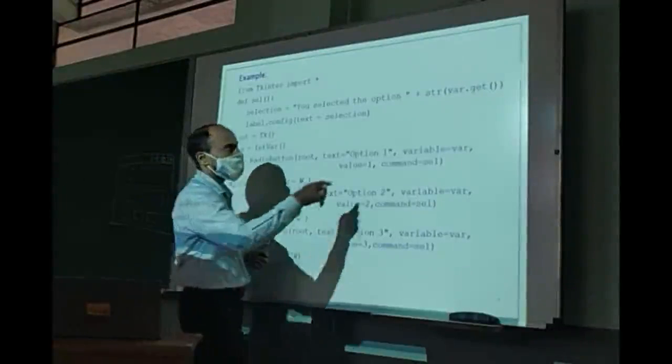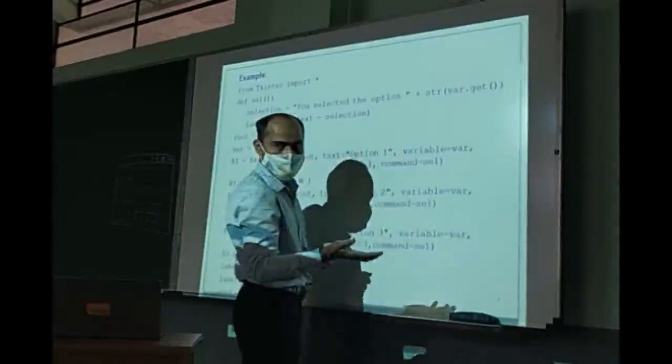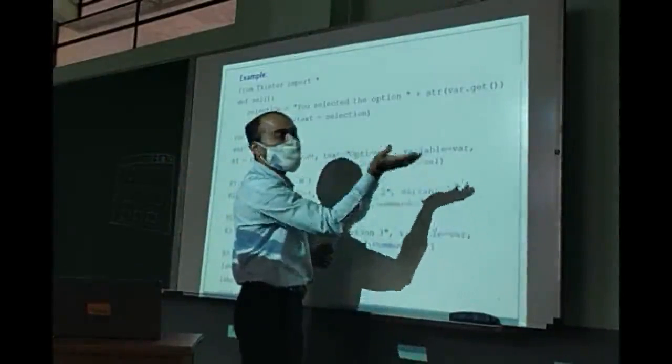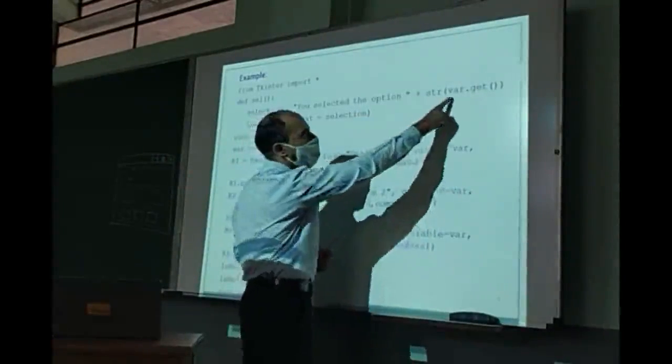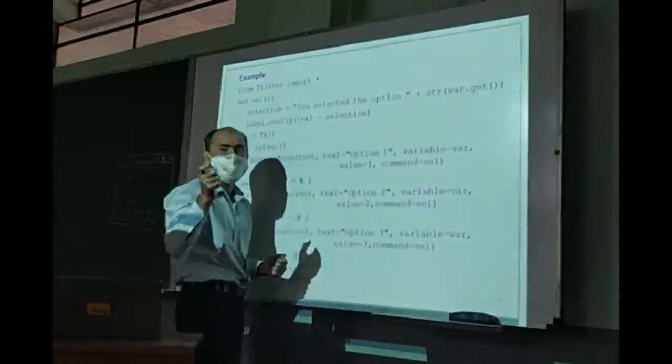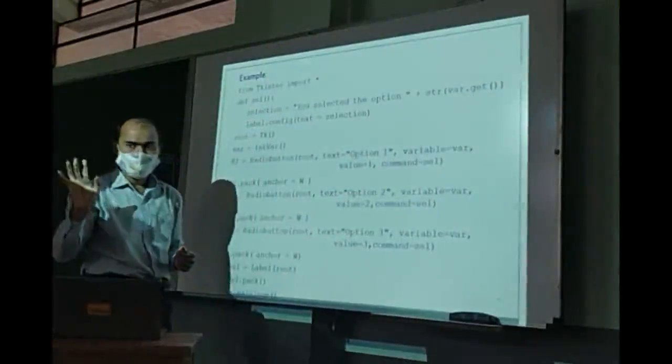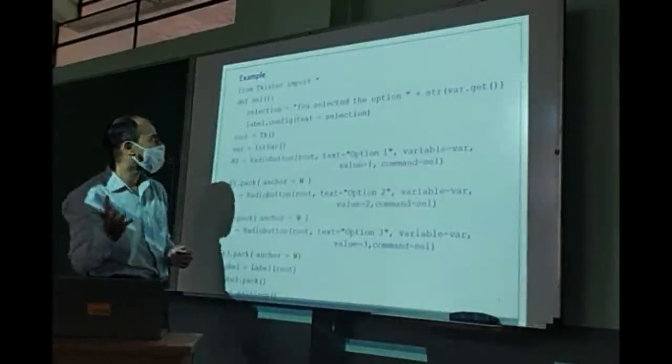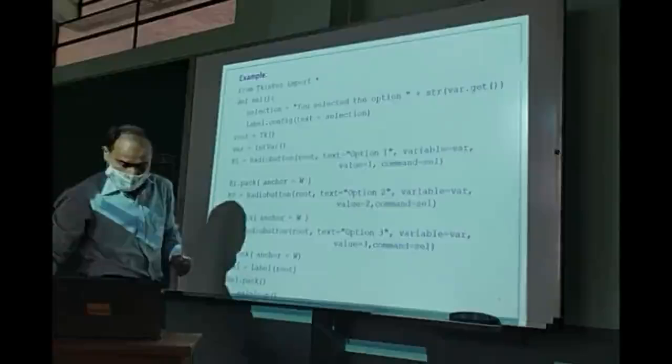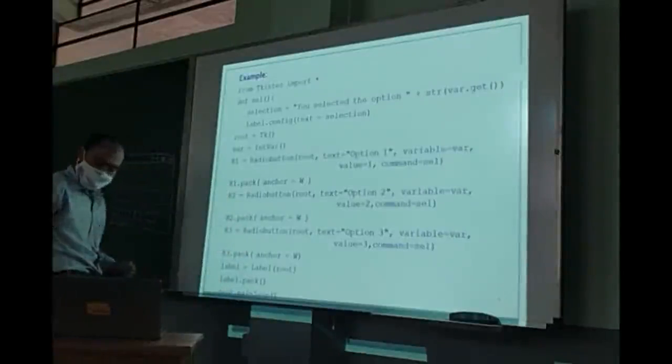So str is used to convert the type into string form. var.get will give you the value which is stored in var. What value is stored in var, that I will show.